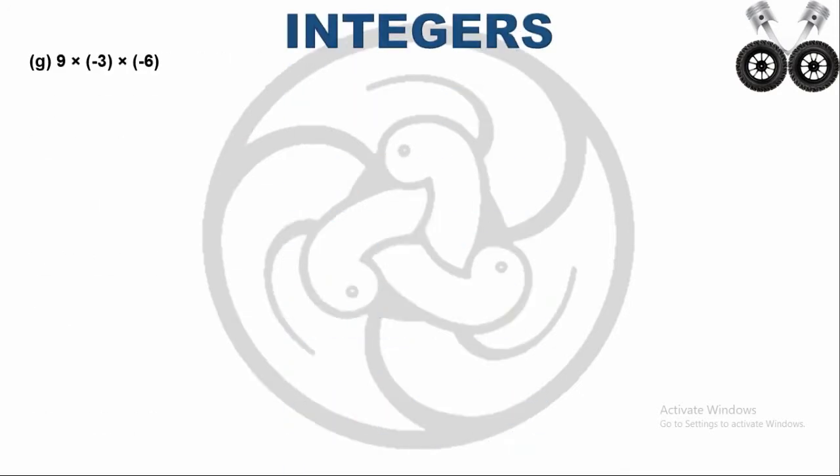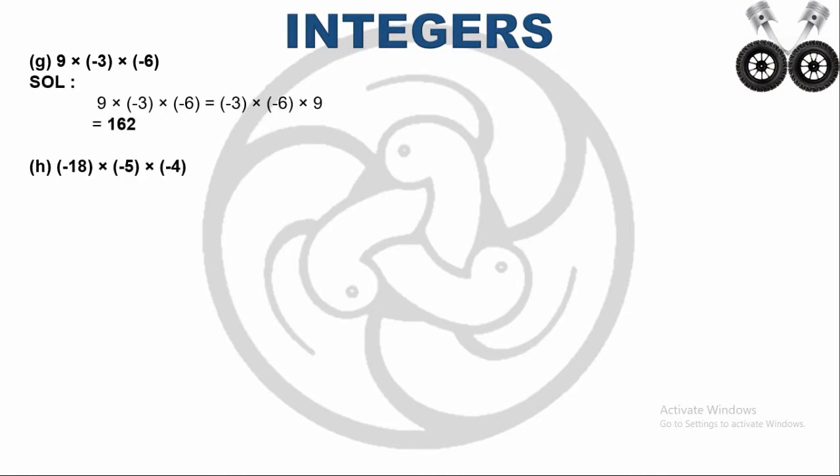The next one is 9 into minus 3 into minus 6. Again we have three integers with different signs. Very first I multiply 9 into minus 3. These two integers have different signs, so plus into minus, the answer is a minus. 9 into 3, 9 threes are 27.